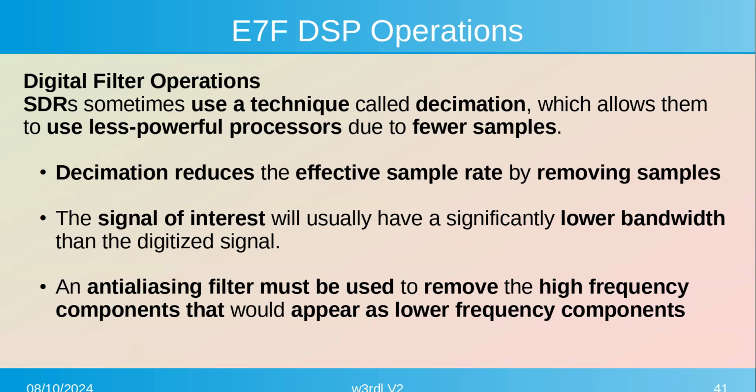In order to help the processing, you try to get rid of some of those samples that you don't need, and the process is called decimation. I think it actually came from you slice your enemy up into 10 pieces or something. It's not always divide by 10, but that's kind of a similar thing. You will eliminate a certain number of samples to get it down, so you have less samples to process.